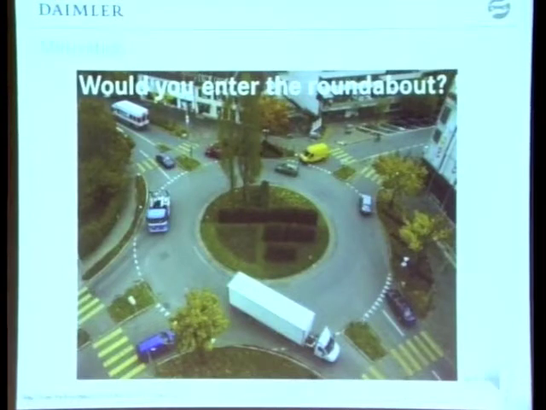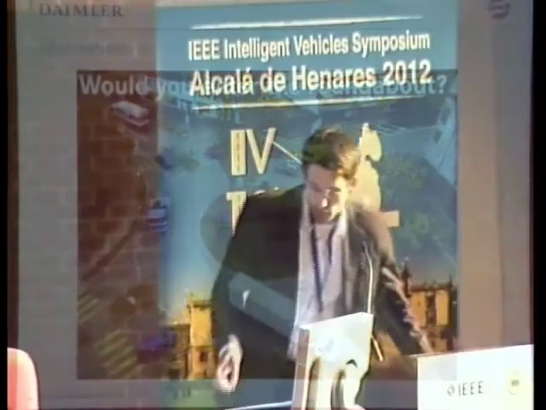Well, I think everyone here knows that most accidents occur at normal intersections. And one strategy is to build roundabouts to reduce the number of accidents. But please take a look at the yellow van.